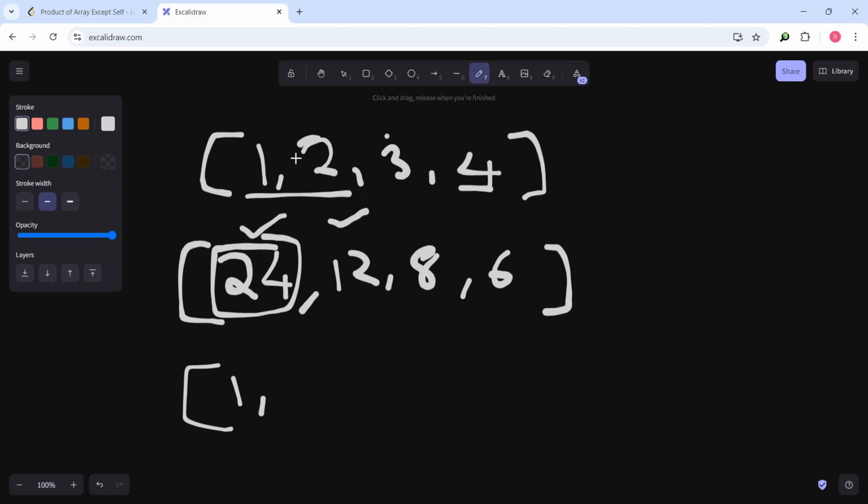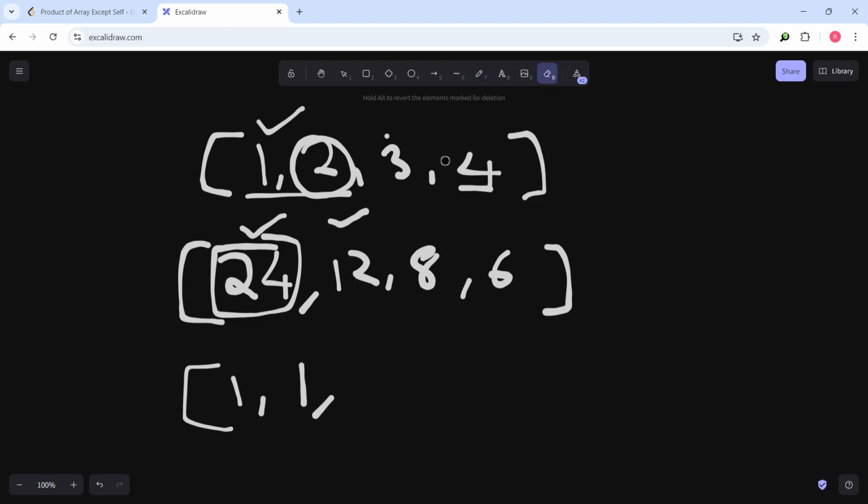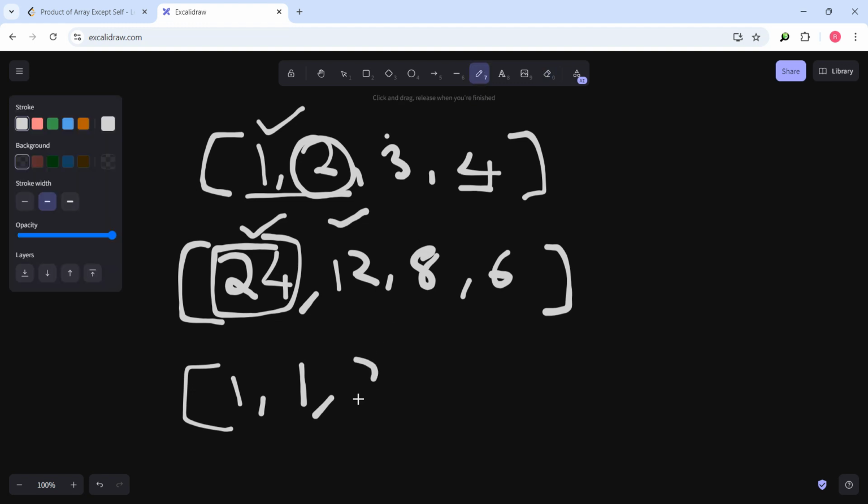In the second we have 1 pre-prod, so it will be 1 into 1, which is 1 again. In the third we'll have 1 into 2, that will be 2. And for the fourth, we'll have multiplied this many things, 2 into 3, we'll have 6. So this is our result after we go through the list for the pre-prod.